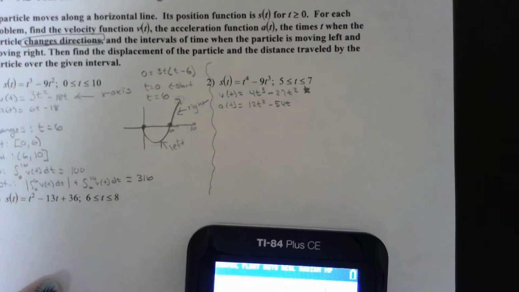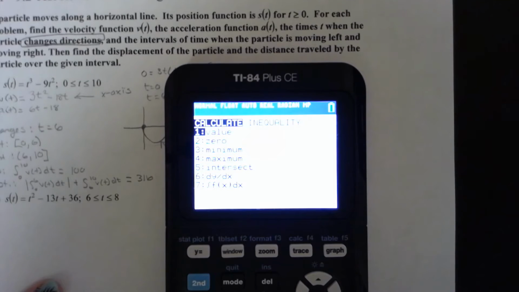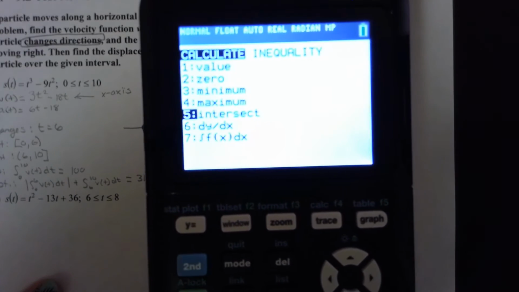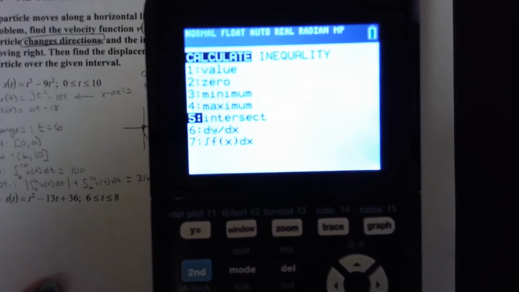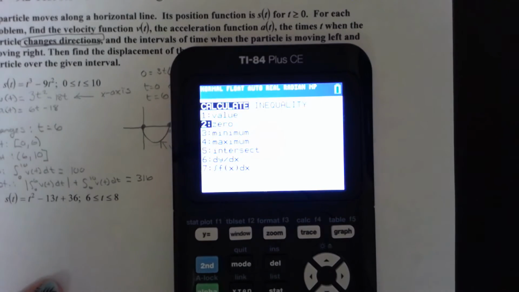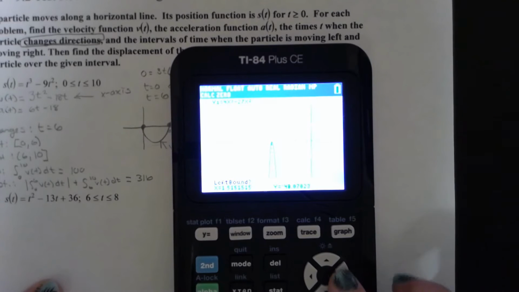So when we find out what that is, remember on your calculator you can do second trace, and the option that you want is, on my calculator, number 5, intercept. Nope, sorry, not intercept. We want a 0, which is an x-intercept. Then you're going to want to make sure that you arrow over until you're really close to what you're looking for.